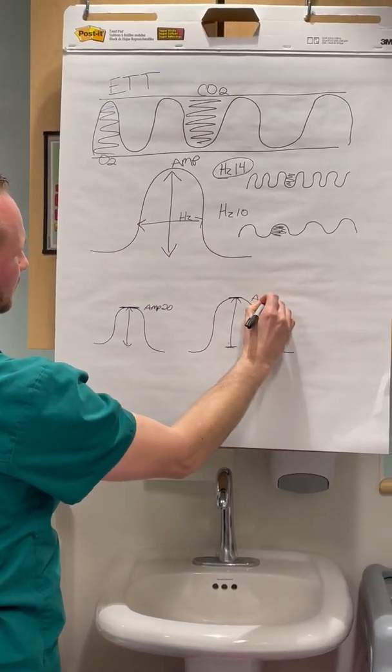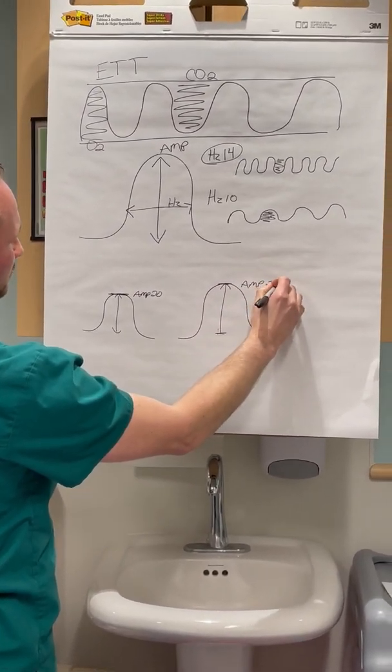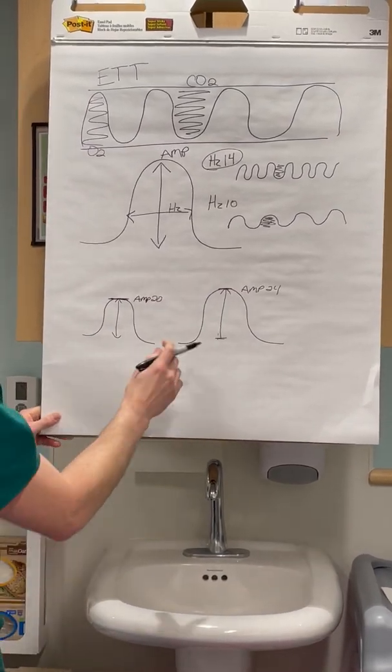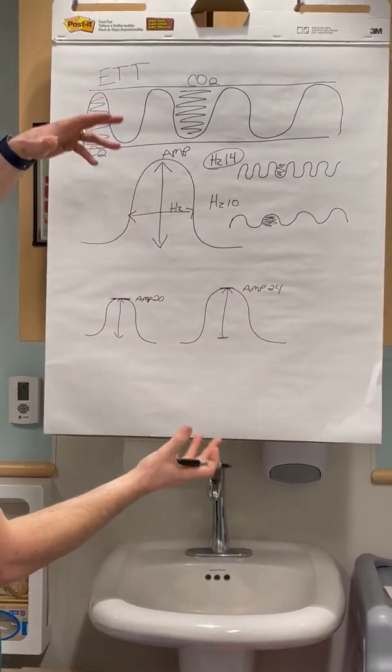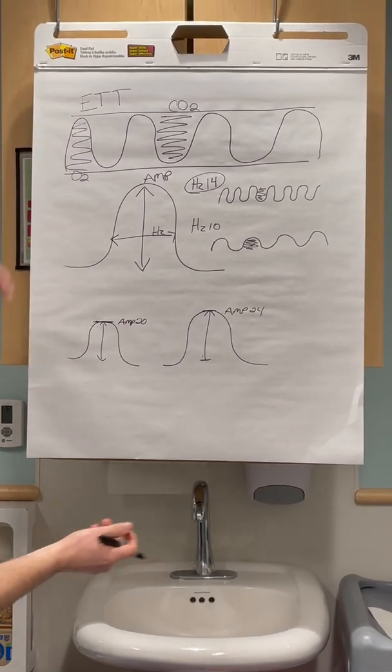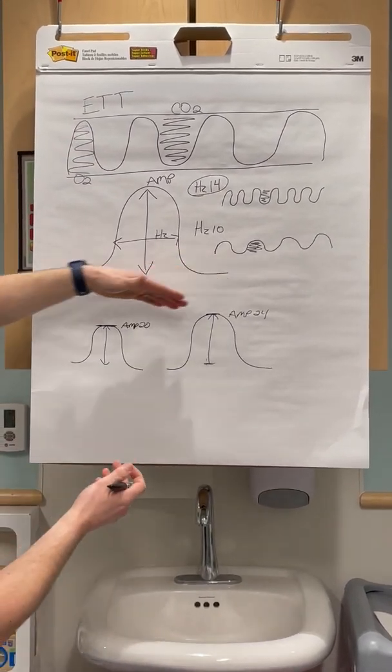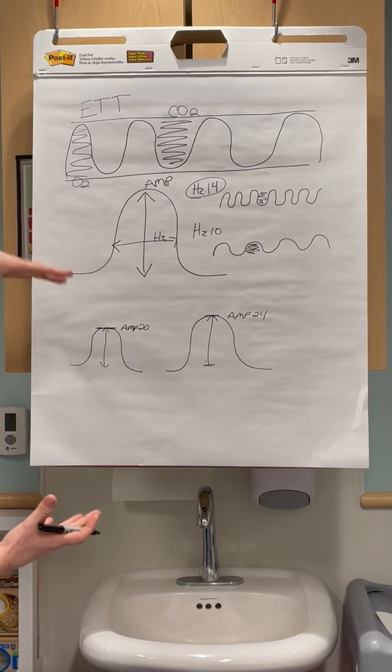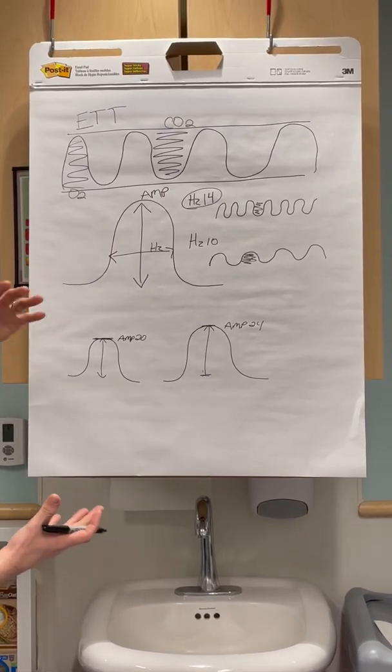This would be an amplitude of 24. You're extending that wave, so you're capturing more CO2. If that number's lower, you're shortening the wave and you're not capturing as much CO2.